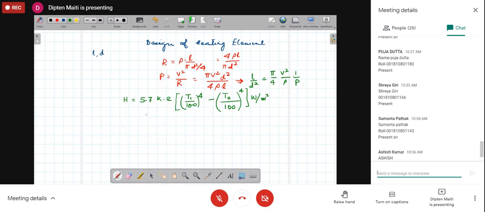So that means to deliver some sort of wattage, this much amount of wattage would be delivered by the system, with K efficiency of the transfer being K and emissivity being E, and this many watts would be delivered per unit surface area, per 1 meter square surface area.